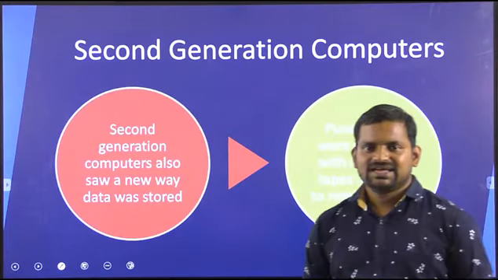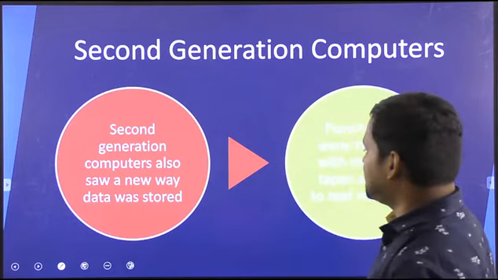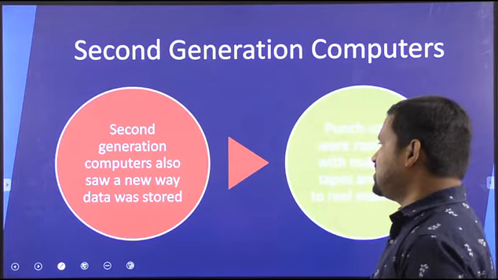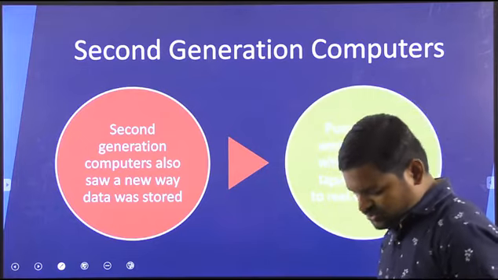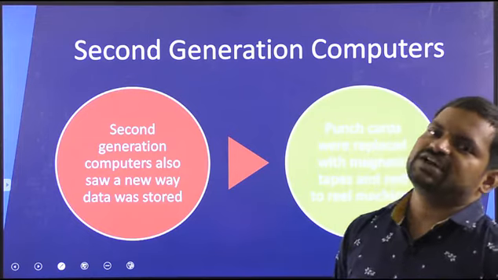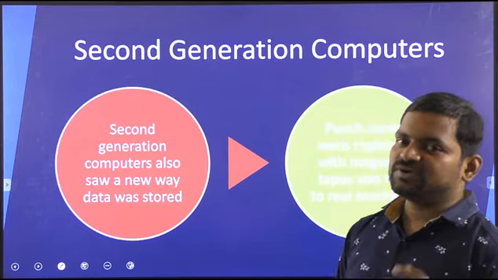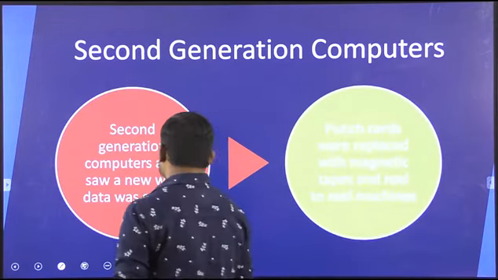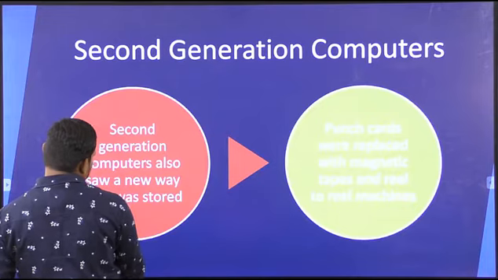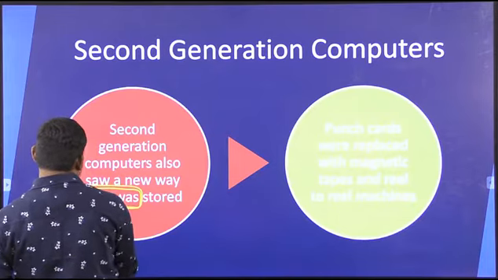See this diagram. Second generation computers also saw a new way data was stored. Up to now, first generation computers did not have memory. Now they introduced memory, where data has to be stored.